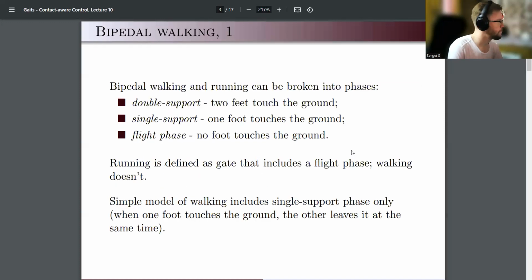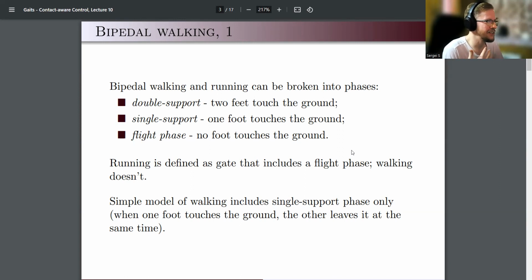So first we will consider bipedal walking. That is not to stray from our main focus, which is, you could say, mostly quadrupeds. Bipedal walking is very useful to consider because it provides us with intuition which transfers completely to quadrupeds, but without the complexity.